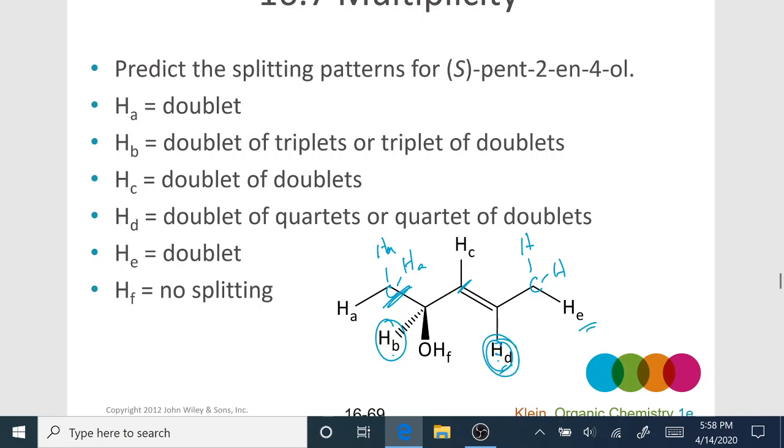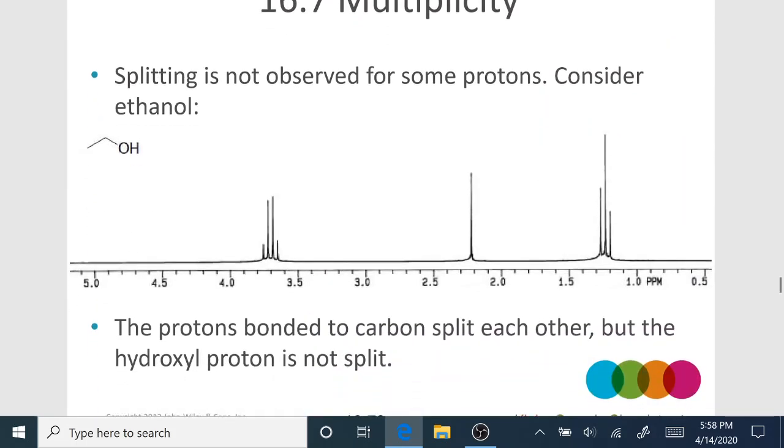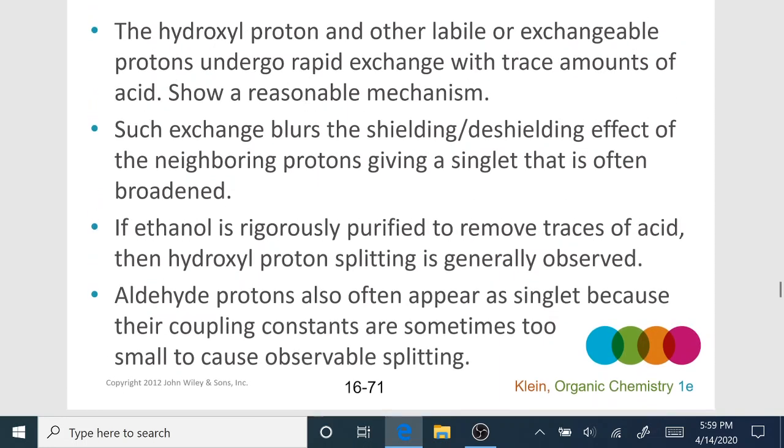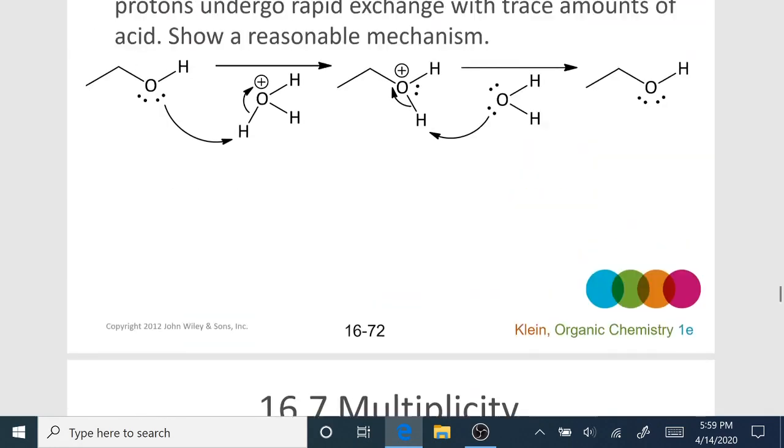HF doesn't split, because hydrogens that are on oxygens generally don't split through the oxygen. That hydrogen is exchangeable, and it exchanges at such a fast rate. Remember, an alcohol is a little bit acidic and exchanges at such a fast rate that they don't actually split. If you can remove all the acid and put it in a very non-protic solvent, sometimes you can get some splitting or even a very sharp peak.